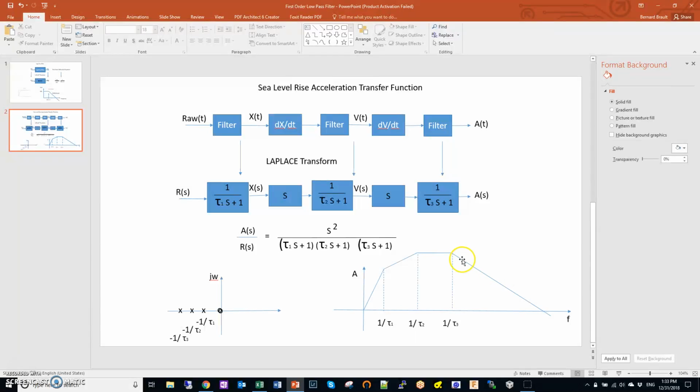This is the reason why, all in all, I'm getting some kind of filtering on the overall signal. I get acceleration from doing the double derivative, and I'm taking out the high frequency noise using these 3 poles, using the filter. So it nicely adds up, and this is the overall frequency response of the filter that I use.